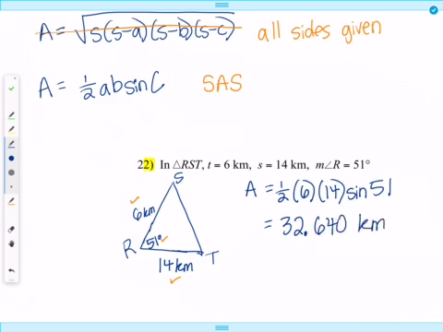The units they gave me were kilometers, and since we're talking about area, it would be squared. Remember, anytime that they give you units, you want to make sure you include those in your answer. You will miss some points there if you don't include those units, as well as if you don't square them when we're finding area. So our final answer here is 32.640 kilometers squared.